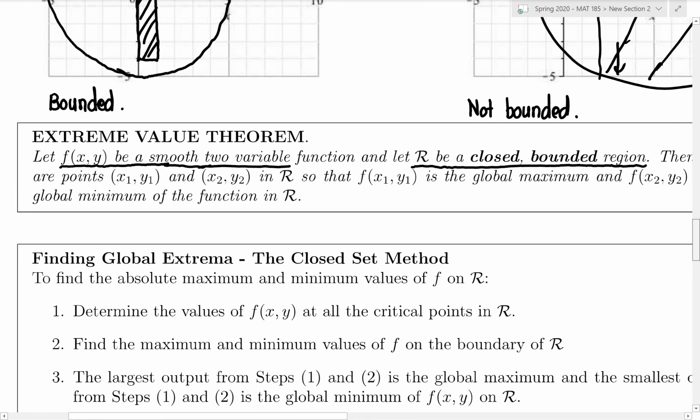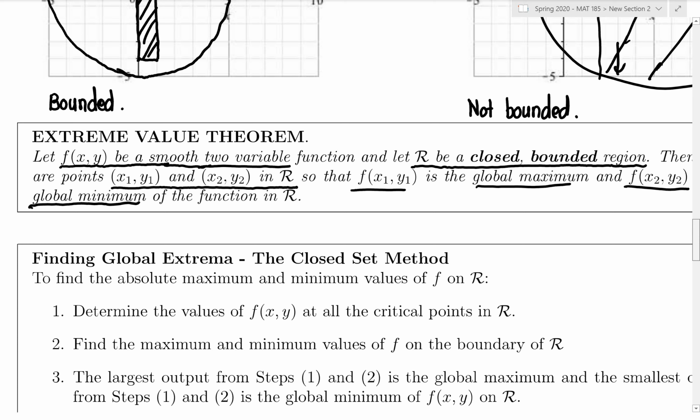Then we can find points (x1, y1) and (x2, y2) in our closed and bounded region so that f(x1, y1) is the global max and f(x2, y2) is the global min. So what this statement is saying is, if we have a smooth function of two variables on a region that is closed and bounded, that function always obtains its global maximum and global minimum on that region.